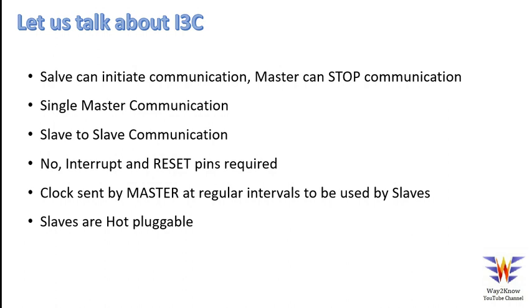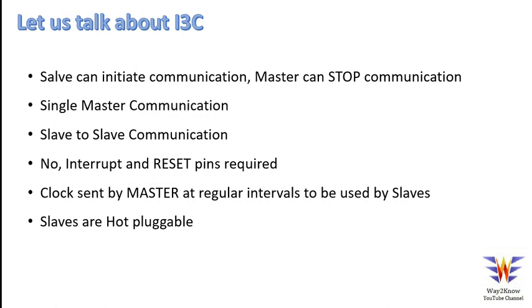One advantage here is that the slave can initiate the communication, as we said in the previous one, without any additional pins. That means a slave can randomly send data to master based on its requirement. And in I2C, one disadvantage is that the master cannot stop the communication. Only the slave can stop the communication.